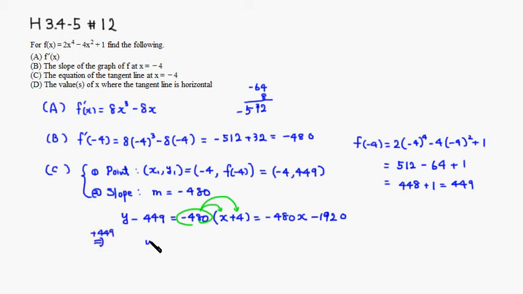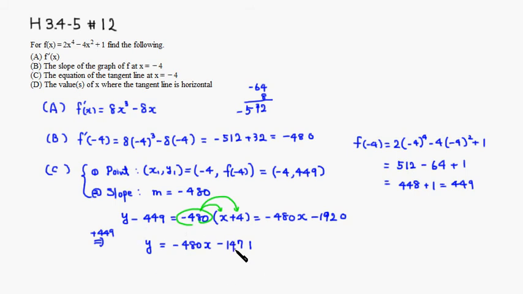That gives you y equals negative 480x, and adding 449 there, you get negative 1471.